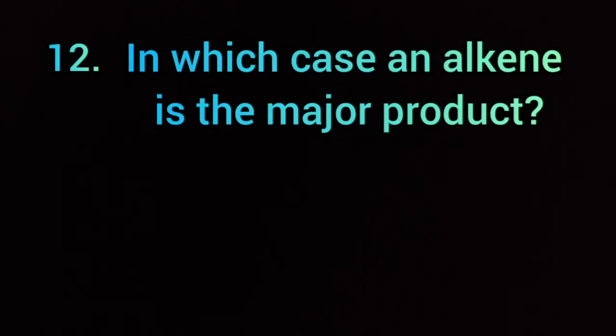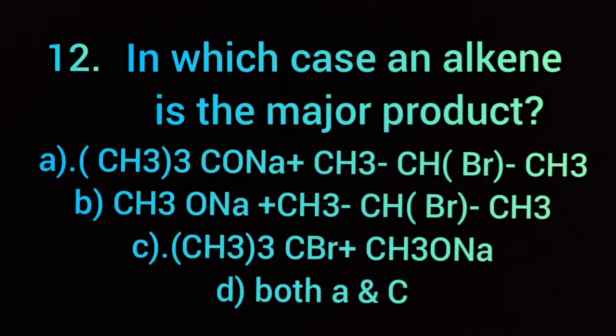Number 12. In which case is an alkene produced as major product? You see the options. Obviously, in the first case you will get an alkene. In the second case you will get an ether, Williamson synthesis.